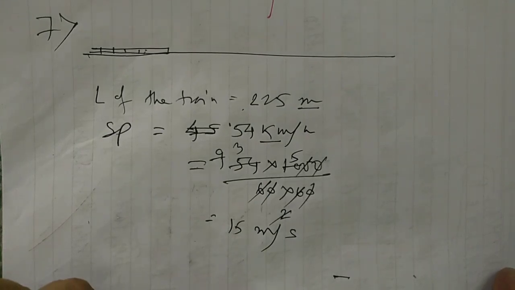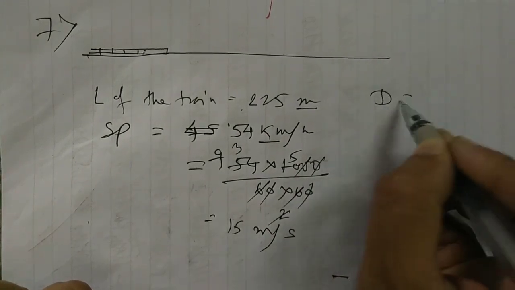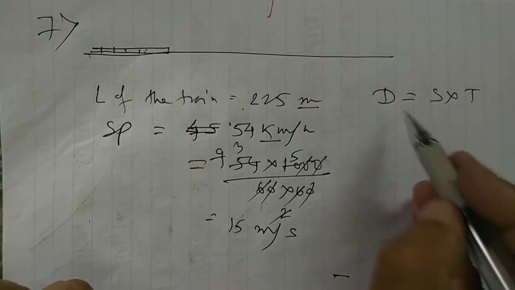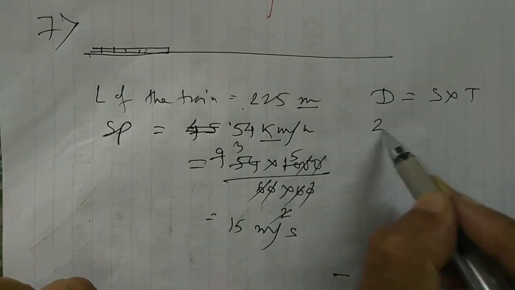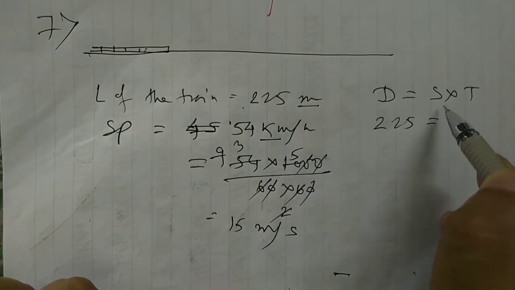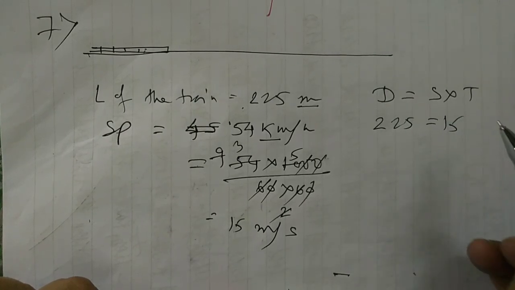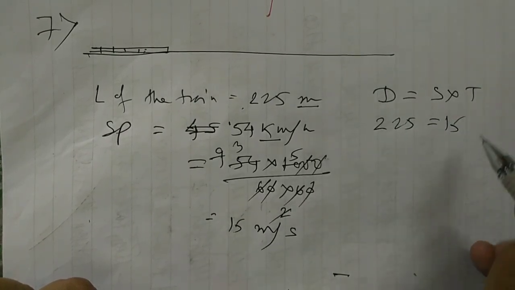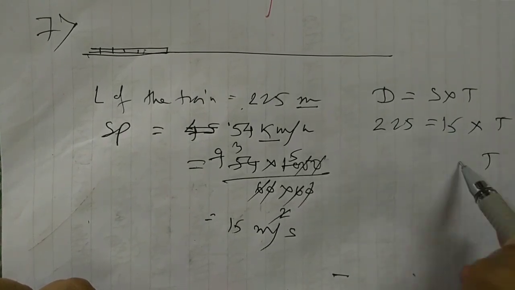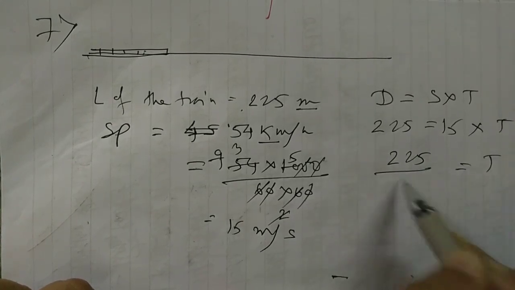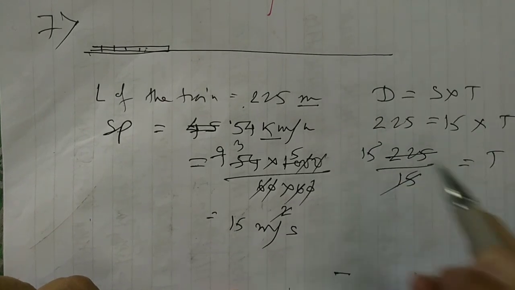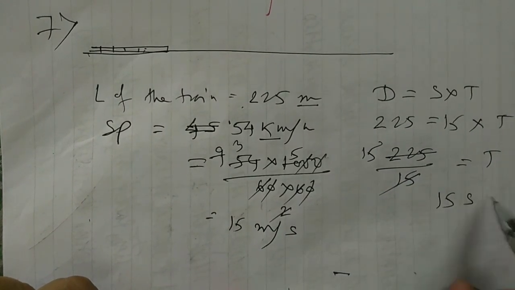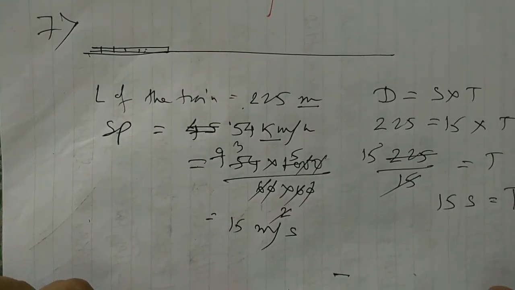Yes. So what is the time? We know that distance equal to speed into time. What is the distance here? Length of the train. That is 225. What is the speed? 15 meter per second. We got it here. Into time. So time equal to 225 by 15. Okay. 15 times. So 15 second is the time required. Understood?